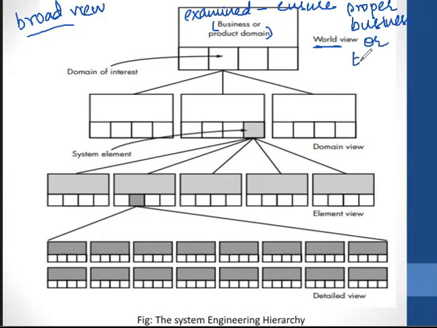That is, you're going to have a broad view on two things, that is whether you can perform business and the different technologies that are going to be used within this system engineering hierarchy.